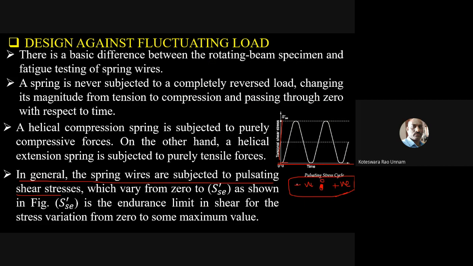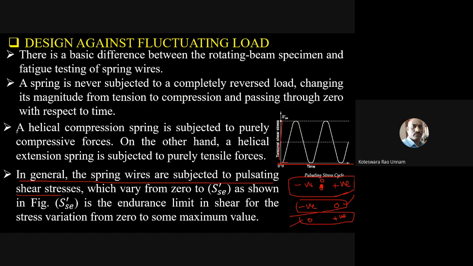Whereas if it is changing from a negative minimum value to zero, or 0 to a maximum positive value, then we call it a fluctuating load or a pulsating load. So these springs are subjected to either this kind of load or this kind of load.